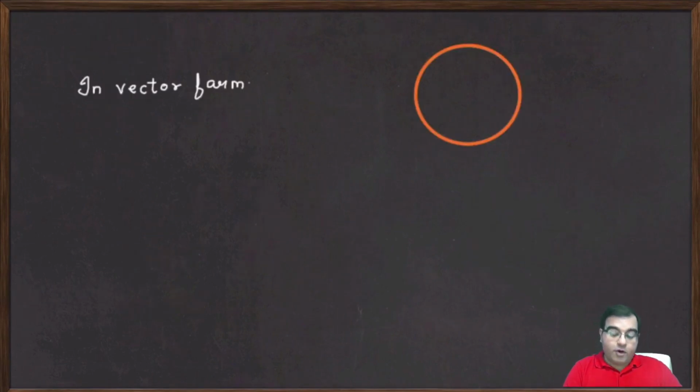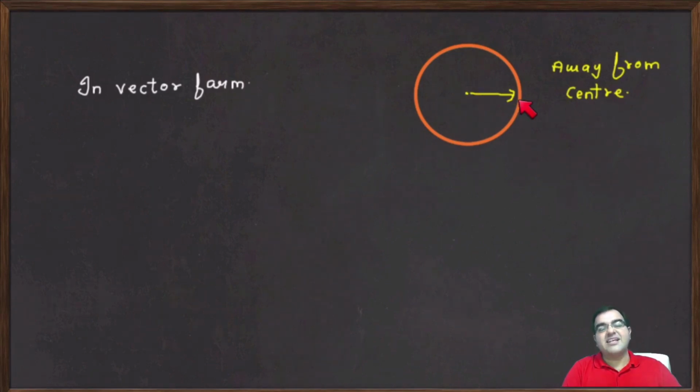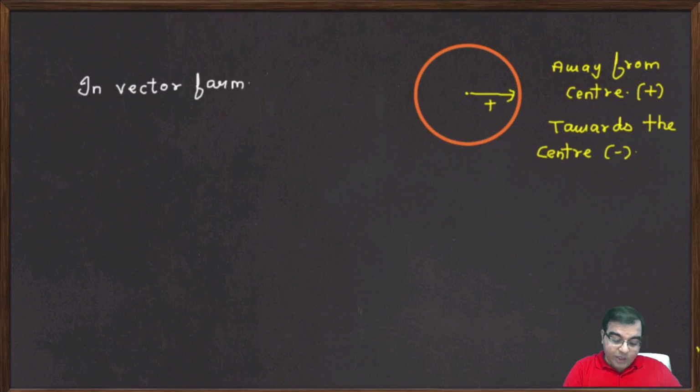Next, in vector form, understand one thing: anything which is directed away from the center. If you remember, this was a radius vector which I had discussed initially. This is directed away from the center. So in circular motion, anything which is directed away from the center is taken as positive, and anything which is directed towards the center, for example, the centripetal acceleration, is taken as negative.